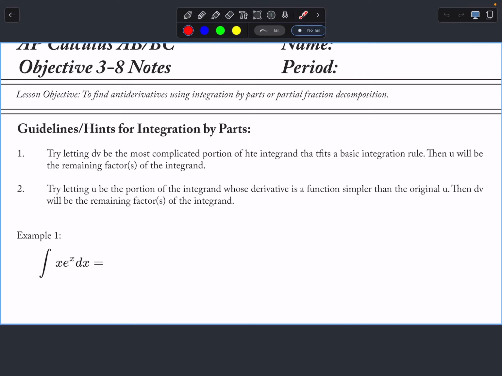This topic is designed for BC. And I teach it to you guys because if you're going to take a college calculus class after this class, they will expect that you've seen this before. And so I try to do what I can, even if it's not part of what you're going to get tested on, for you guys to see it.